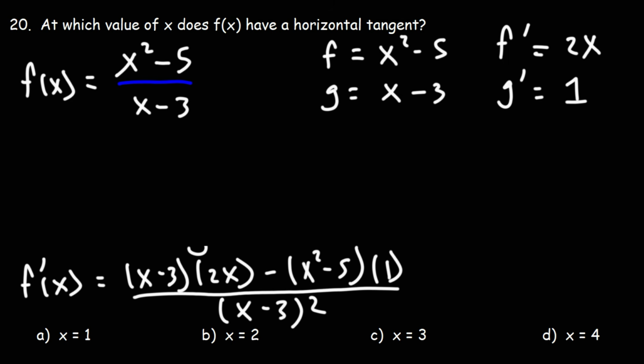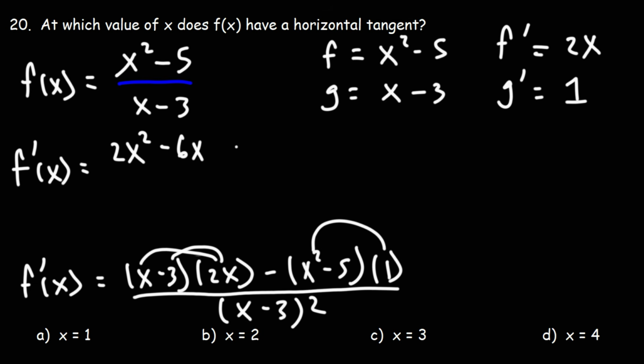So now let's simplify what we have in the numerator. Let's distribute 2x times x, that's going to be 2x squared. Negative 3 times 2x, that's negative 6x. 1 times x squared, that's x squared, but with the negative in front, that's going to be negative x squared.